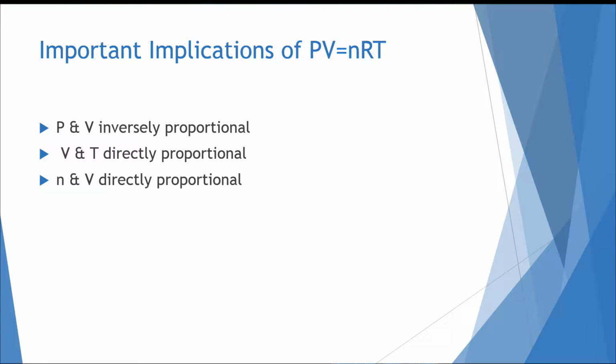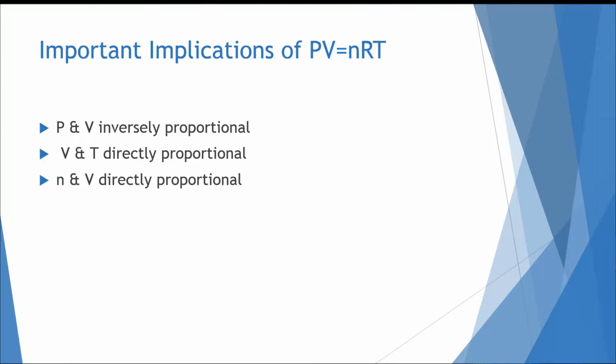So let's say you were going to be expanding a balloon. If you were to expand or heat up a balloon with a certain amount of gas in it, then our next step would show that volume and temperature are directly proportional. So again, if I heat up that balloon, my temperature is going to be increasing, which means my volume is going to be increasing, and vice versa.